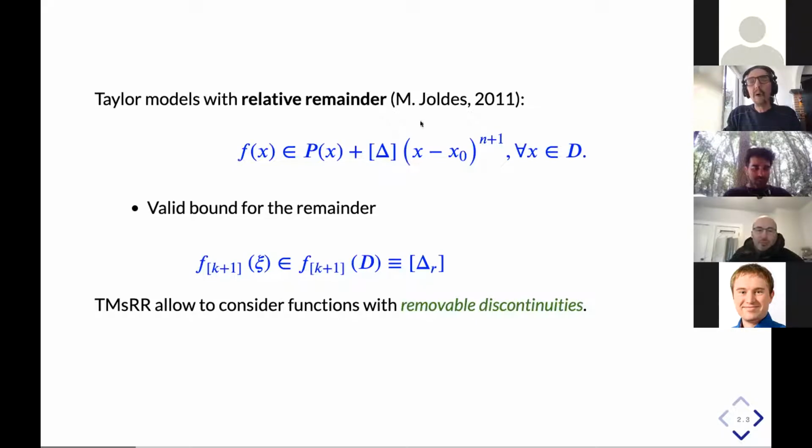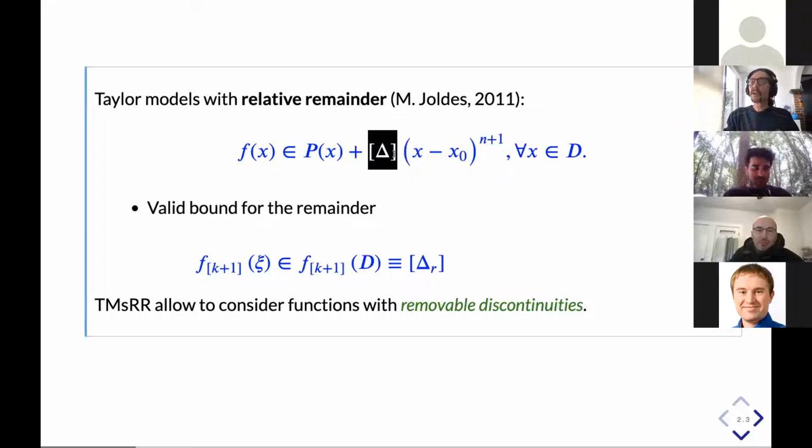Now, Mioara Joldes, a few years ago, also introduced, or generalized, if you wish, the Taylor models to the so-called Taylor models with relative remainder. And the idea is that you do not have a constant remainder, but you have some sort of relative remainder by adding this next order coefficient in the Taylor expansion.